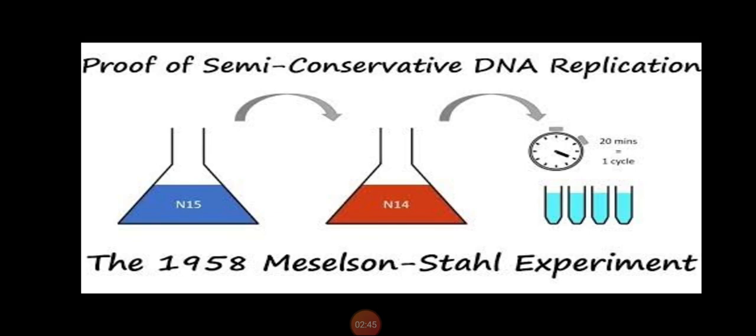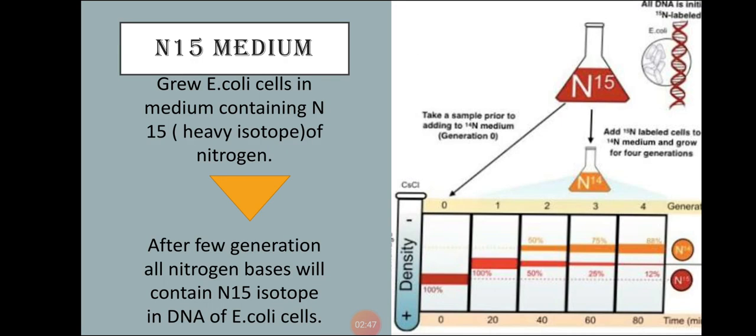So let us start now. First, N15 medium was used. In this N15 medium, E. coli cells were grown, with the heavy isotope of nitrogen, N15. What was the result?